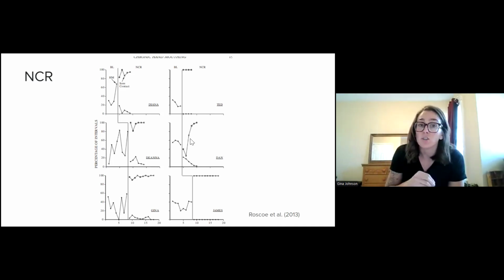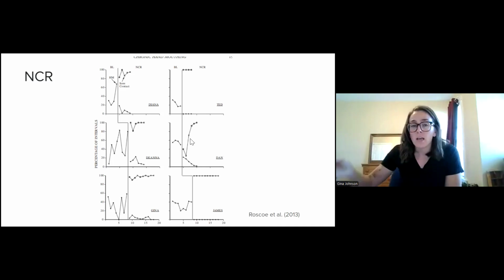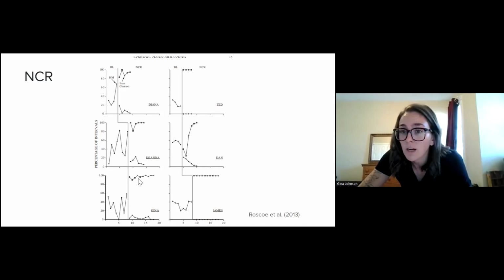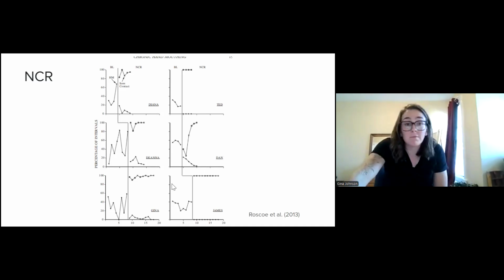So you can see just with the access to those preferred items, they're interacting with those items up here, and our hand mouthing drops to near 0. It drops all the way down to 0 here for Ted, and for all of these participants, as they're interacting with preferred items, hand mouthing drops to basically 0. Okay, so NCR was effective for 6 of these kids.